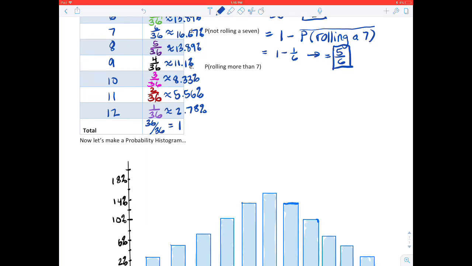So this is just going to be equal to the probability of rolling an 8 plus the probability of rolling a 9 plus the probability of rolling a 10, etc. Got a couple more.